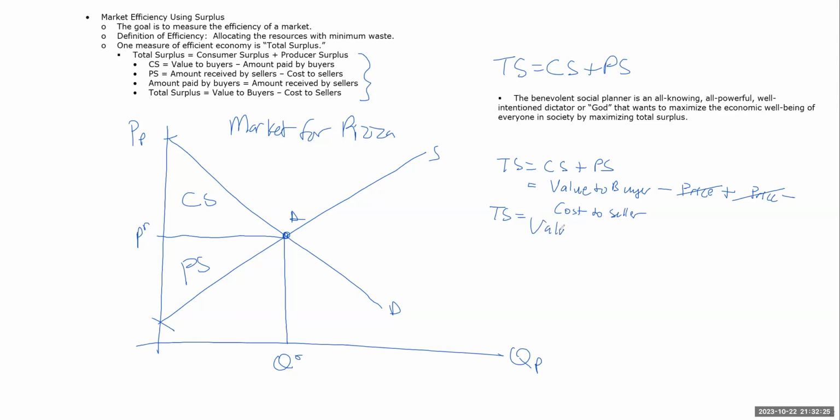Here, we could rewrite total surplus as this minus that. It's value to the buyer minus cost to seller. At exactly that point A, not from 0 to Q star, but at that point A, when we're producing Q star, the total surplus, which is the vertical distance between the value to the buyer, or the demand curve, and the cost to the seller, or supply curve, that vertical distance is equal to 0.